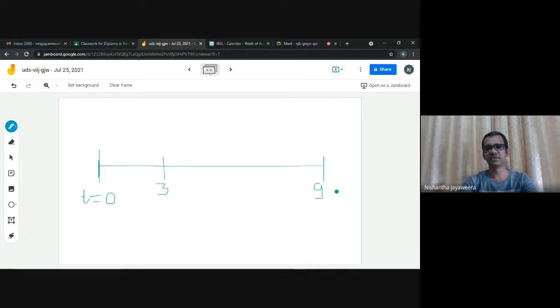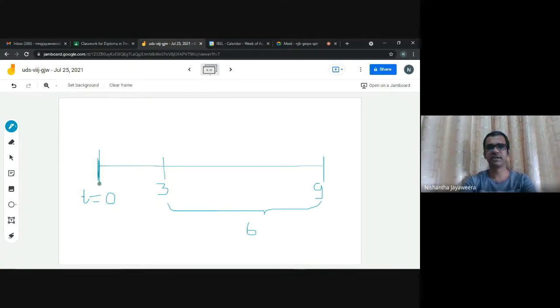Don't put this as 6. From today, 3 months. From today, 9 months. Then this period is 6 months. That's true. But we count dates for the time with reference to today.